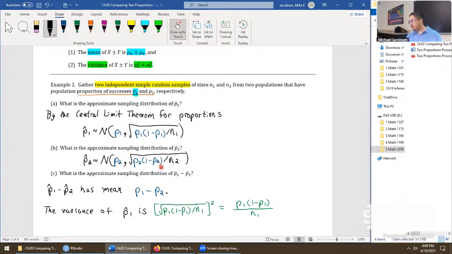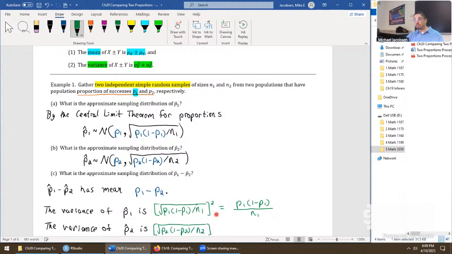We need to do it again for the second group right here. So let's say the variance of P hat 2 is same structure. We just have to be mindful of the subscripts. So go square root P2 times 1 minus P2 divided by sample size 2, pulled from the second population, square it, and now we have P2 times 1 minus P2 divided by N2.